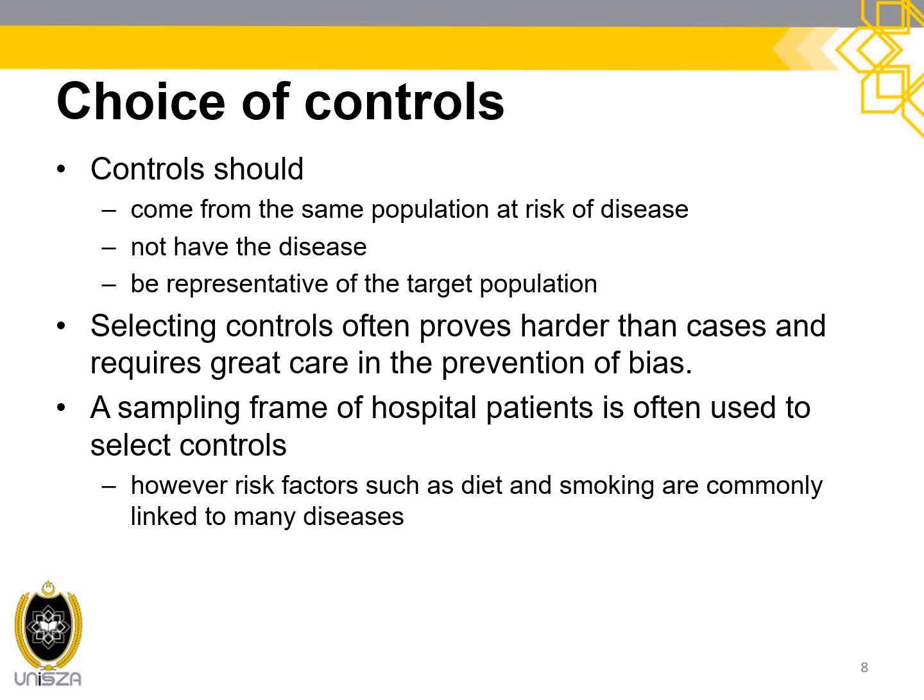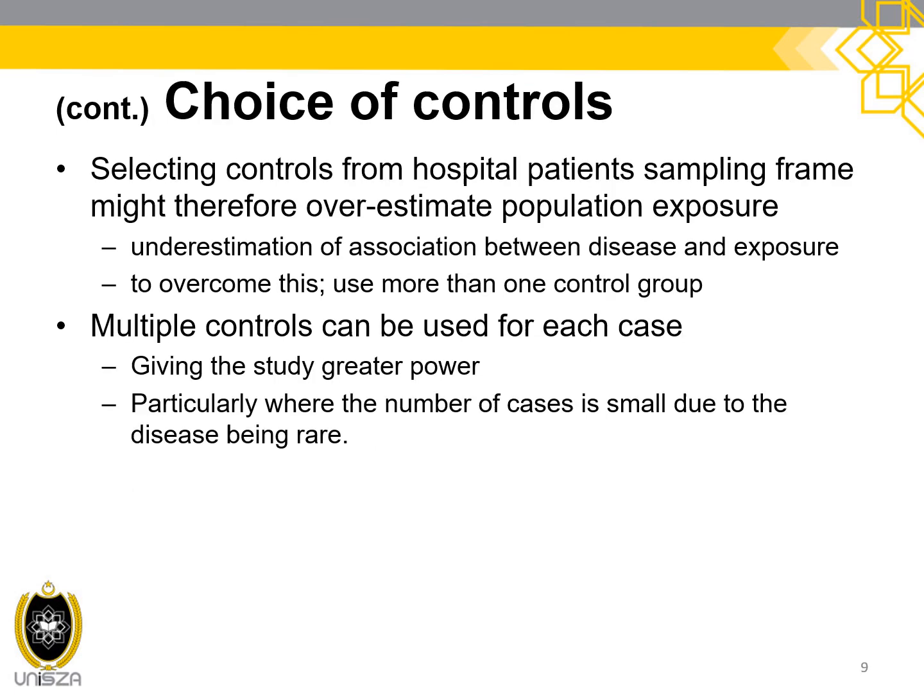However, risk factors such as diet and smoking are commonly linked to many diseases. Selecting controls from a hospital patients' sampling frame might therefore overestimate population exposure, leading to underestimation of the association between disease and exposure, and to overcome this, we must use more than one control group.